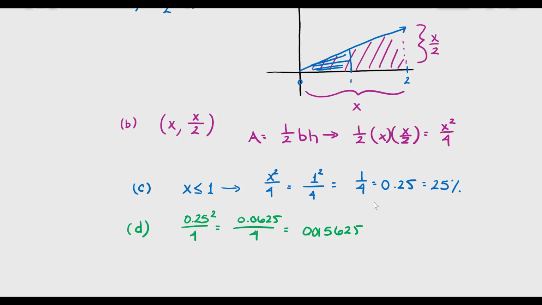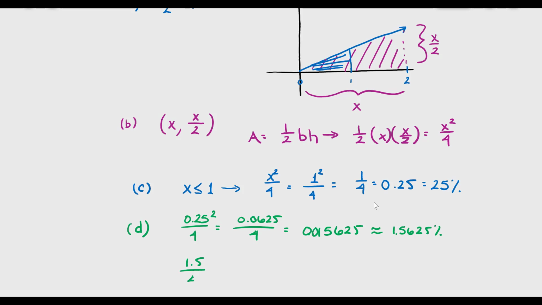And then we also have to figure out the other value, which is 1.5. Now remember, these values show everything to the left of that given point. So everything to the left of 0.25 is roughly 1.5625%. That's the percentage of the values that are left of that.